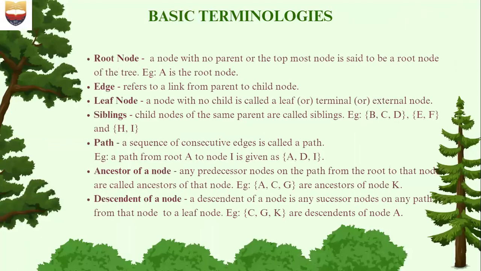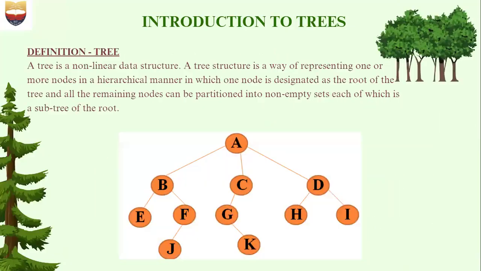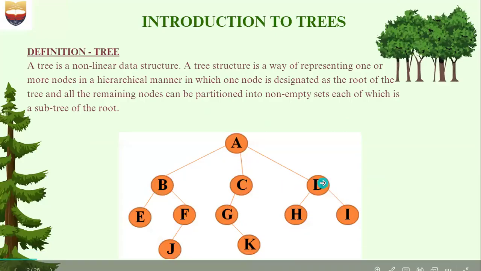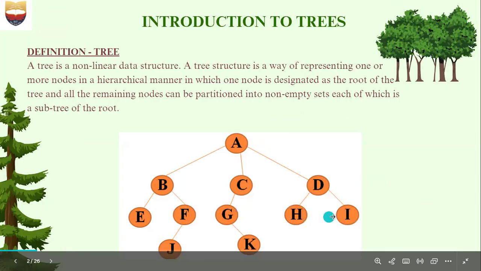Next term is siblings. Children of the same parent node are called siblings. Example, in our picture, B, C, D are the sibling nodes. Similarly, E and F and H and I are the siblings.